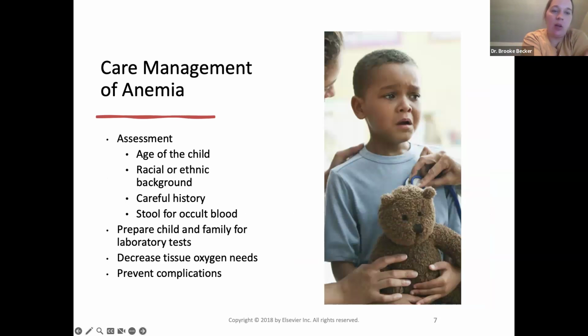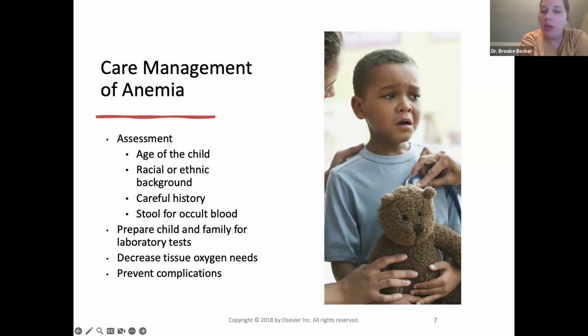Okay, care management. So looking at the age of the child and the background of the child, and then getting that careful history. You also want to check the stools for blood because sometimes internal blood loss is also a cause of anemia. Okay. Going to have to work with this kiddo and the family on needing regular labs checked.